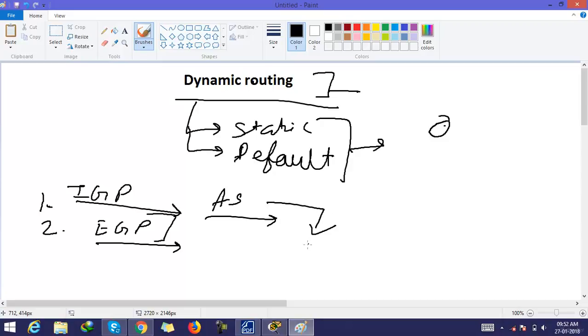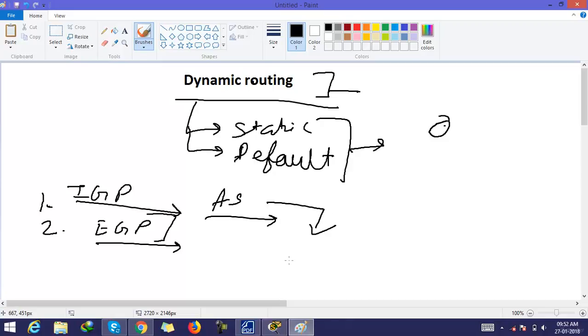An AS is either a single network or a collection of networks under a common administrative domain, which basically means all routers sharing the same routing table information are in the same AS. EGP is used to communicate between two AS and IGP is used to communicate within the same autonomous system.